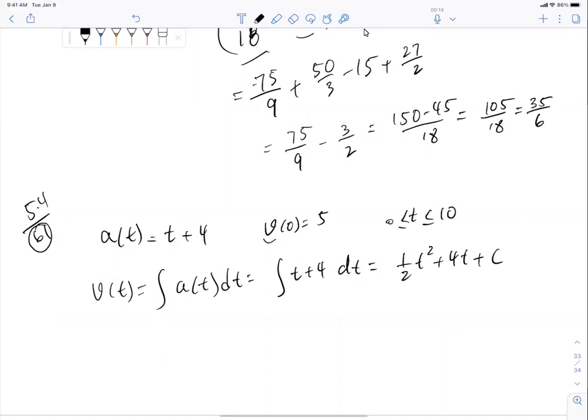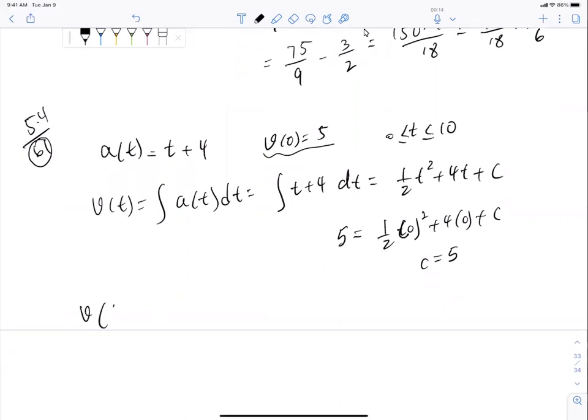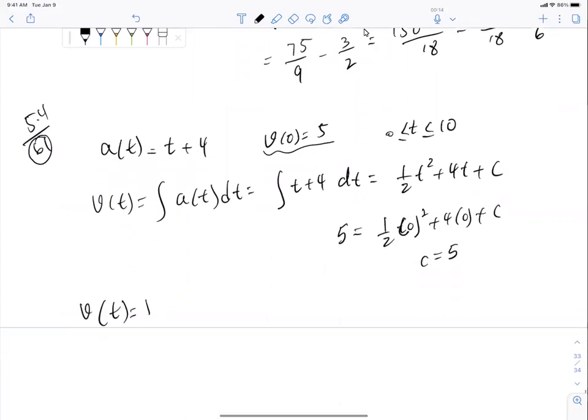Now, V of 0 is 5. So 5 is 1/2 times 0 squared plus 4 times 0 plus c. So c would be 5. So now I have a nice formula for V of t. It's 1/2 t squared plus 4t plus 5.